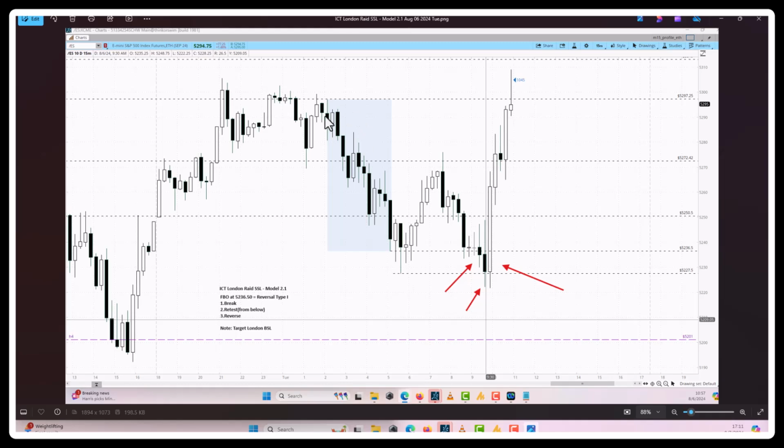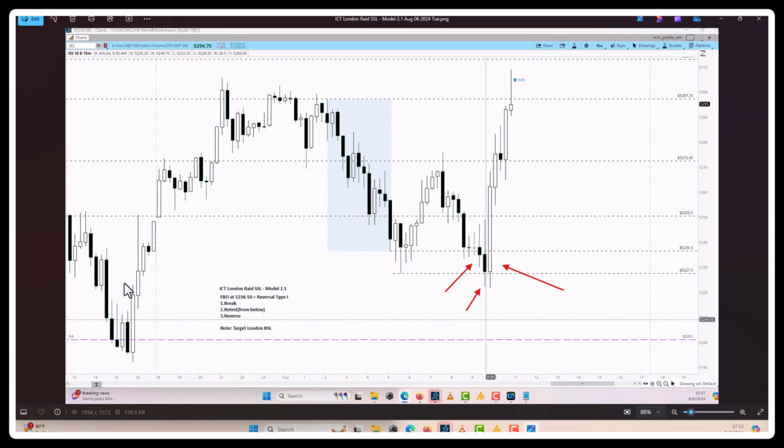You have a London range right here, so that's model 211. You have the London range, and then it raids the London a bit, raids one more time, and creates a full breakout. Beautiful. The London session raids the London south side, and then it's going to take the buy side.